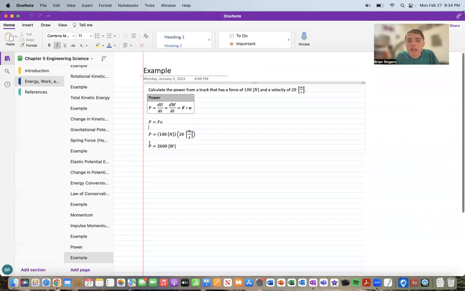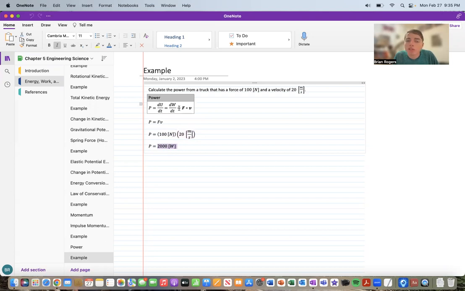Okay, so looking at an example, it asks us to calculate the power from a truck that has a force of 100 newtons and a velocity of 20 meters per second. Using our equation, the force of the truck is how much force it's pushing with, and the velocity is 20 meters per second. We're going to see that the power is 2,000 watts.